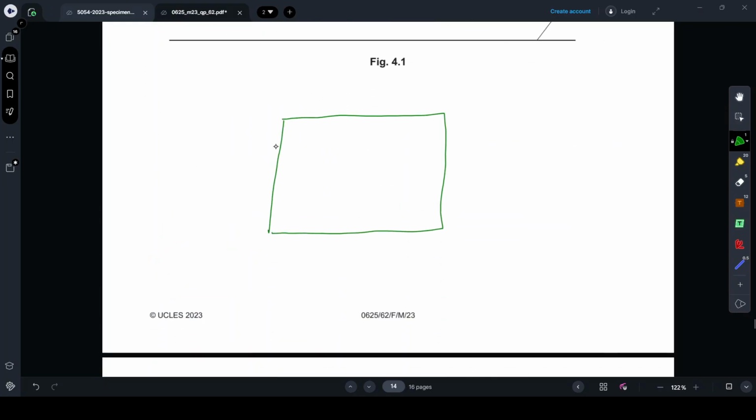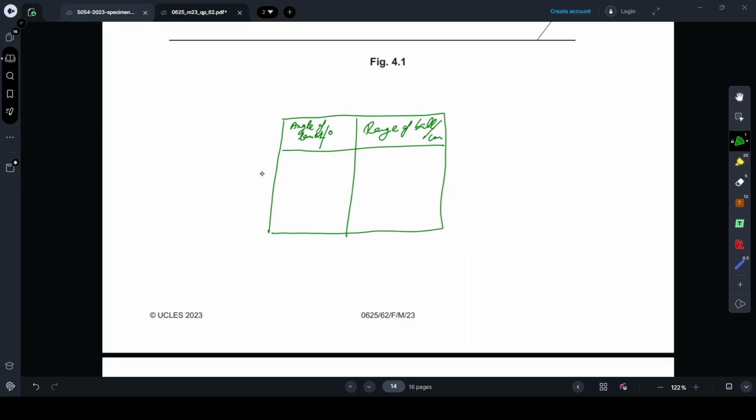So launch angle, same thing, in degrees, and the range of ball in centimeters.